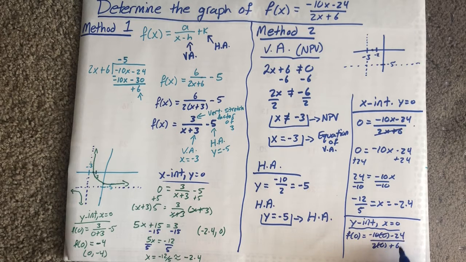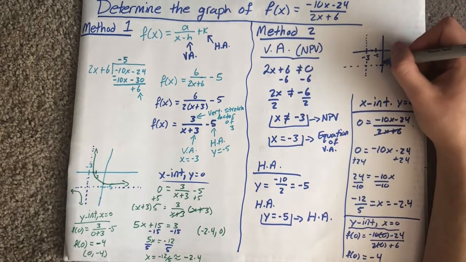Then you're left with negative 24 over 6. And we know negative 24 divided by 6 gives us negative, oh, I'm having a quick brain fart here, negative 4. So that becomes negative 4, sorry, x at 0 and y at negative 4. Going a little too fast for myself.